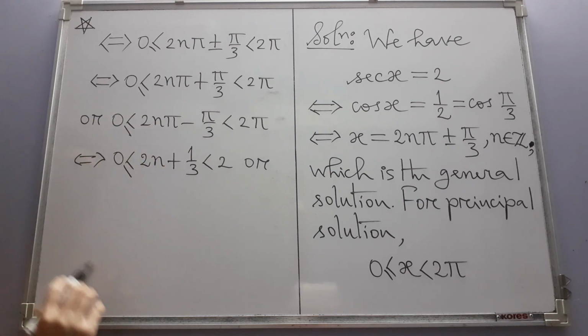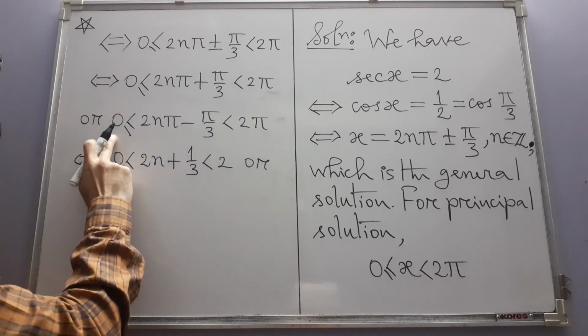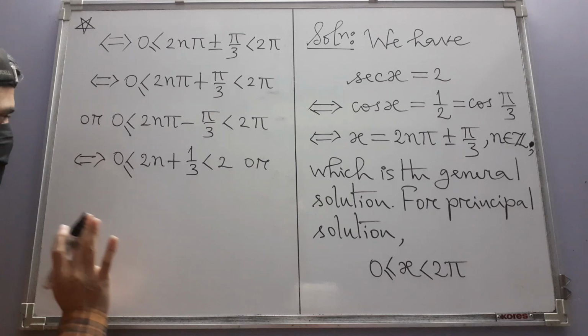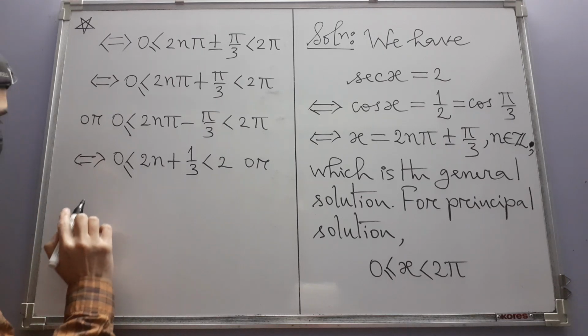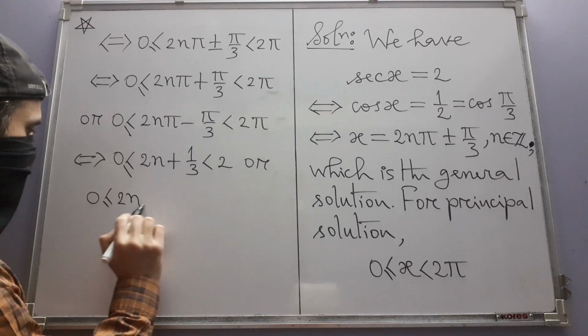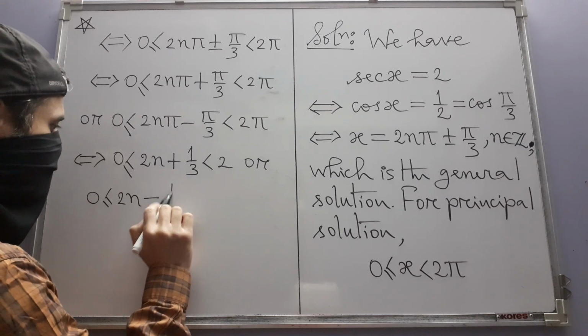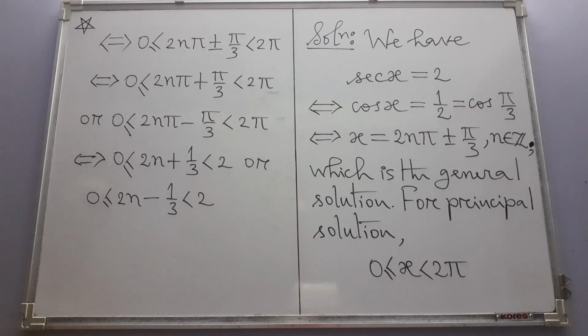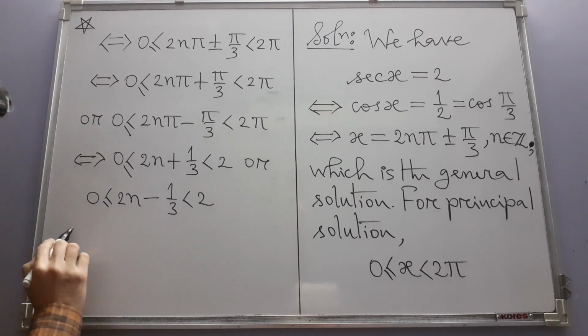It seems like a minor thing, but still it's a mistake because I am losing the possibility of equality. You have to be careful with these things. Or 2n minus 1 over 3 less than 2. Okay.